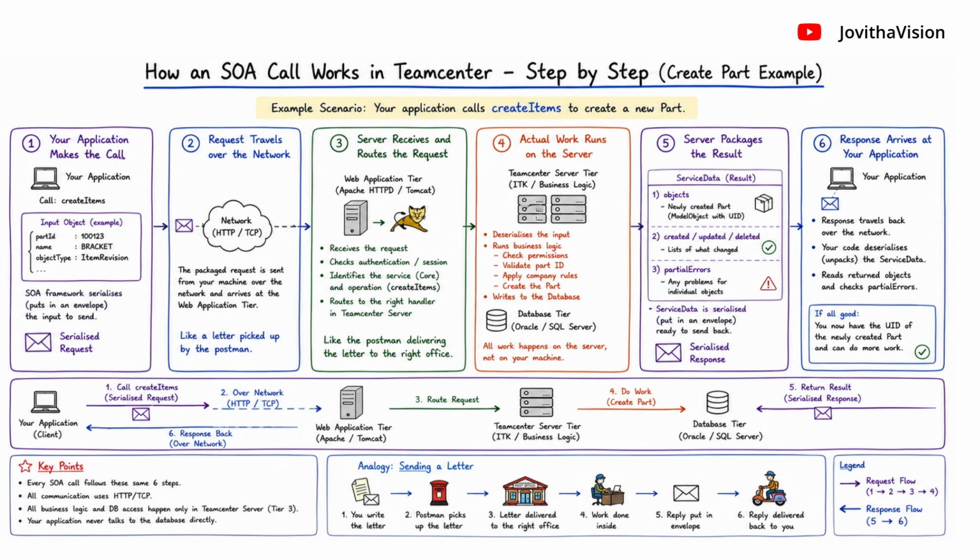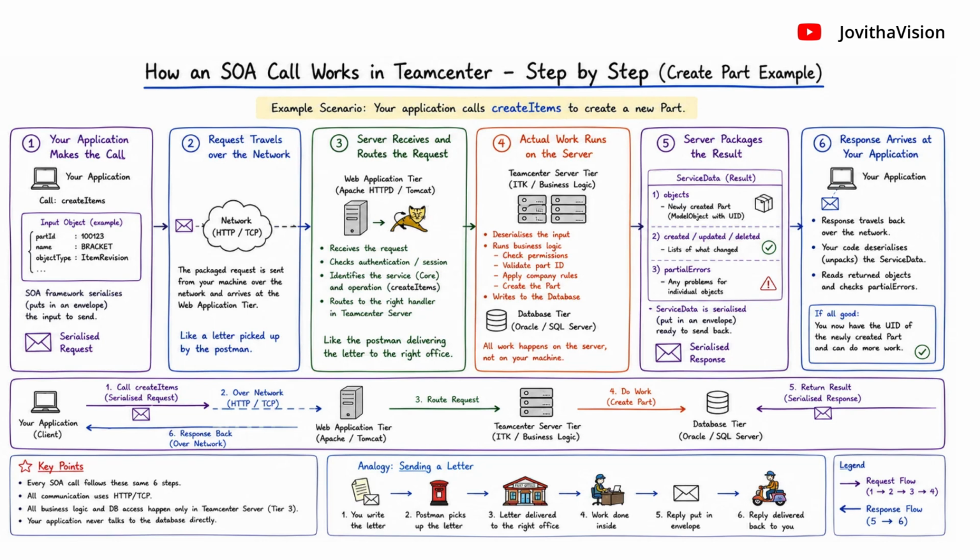Step 4. The actual work runs on the server. Now the Teamcenter server does the actual work. It takes your input, runs all the business logic, checks permissions, validates the part ID, applies any company specific rules, and creates the part in the database. This is all happening on the server, not on your machine.